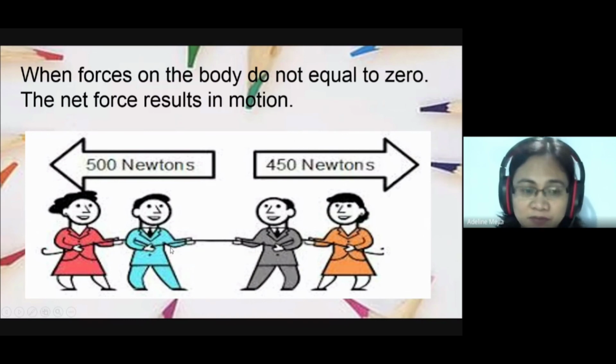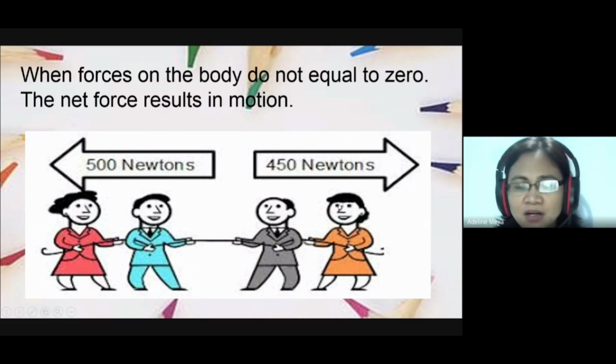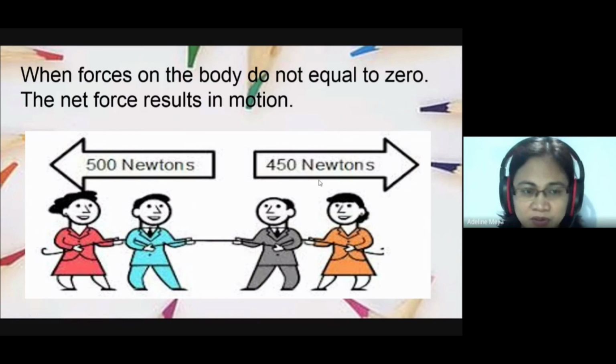Now we have here two persons in opposite directions. On the left side, they are giving 500 newtons of force. On the right side, they are giving 450 newtons of force. So they have unequal forces. One has a greater force and the other one has a lesser force.